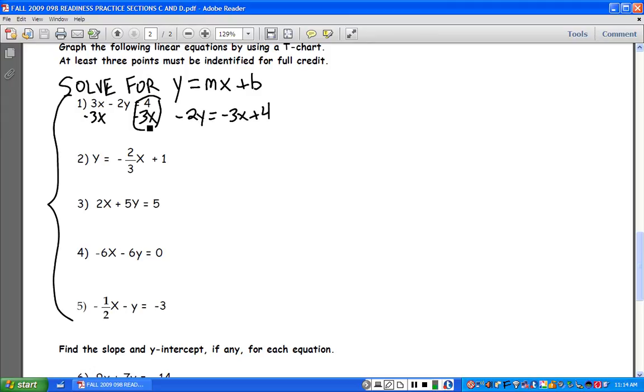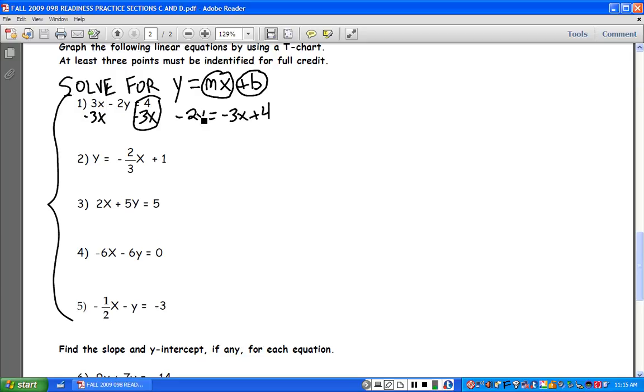But notice I write the negative 3x first before I write the 4, because as I said up here, you want the x term written before you write the constant term. So that's why we're in this format that we're in right now.